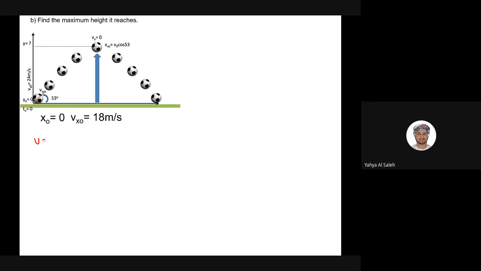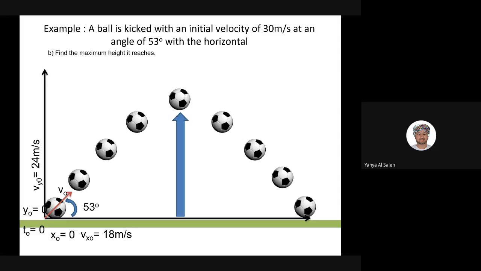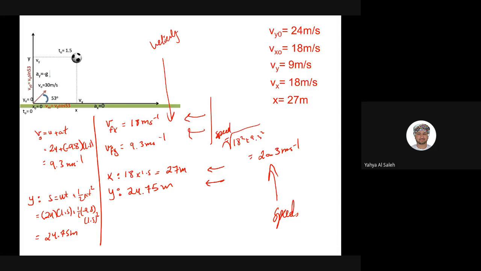We know V equals U plus AT, S equals UT plus half AT squared, and V squared equals U squared plus 2AS. Which equation should I use? The last one. So my final velocity is 0. My initial velocity is, what was it? 18? 24? 24.